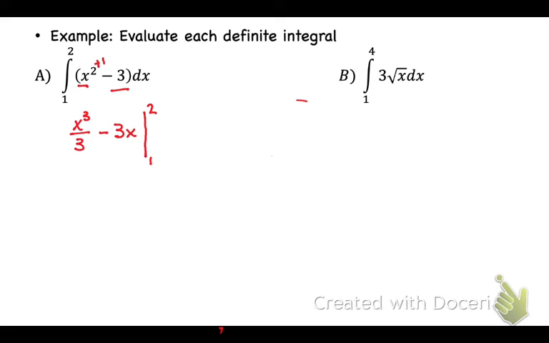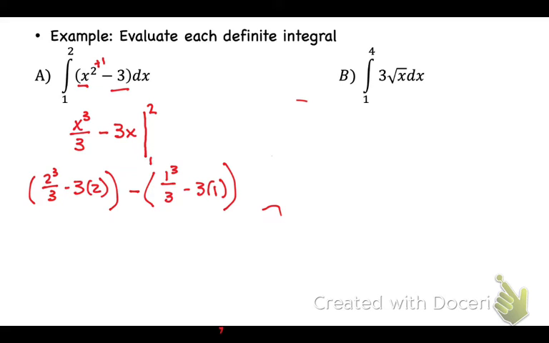So now we're plugging in 2. We plug in the upper limit minus when we plug in the lower limit. So I have 2 squared minus 3 times 2, minus 1 squared minus 3 times 1.